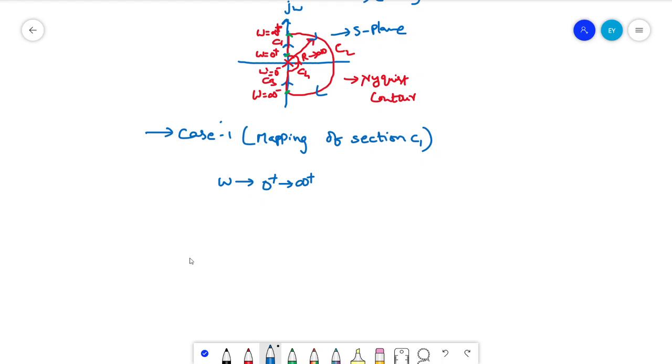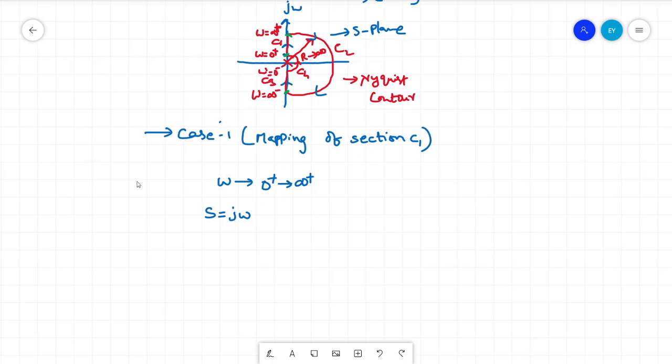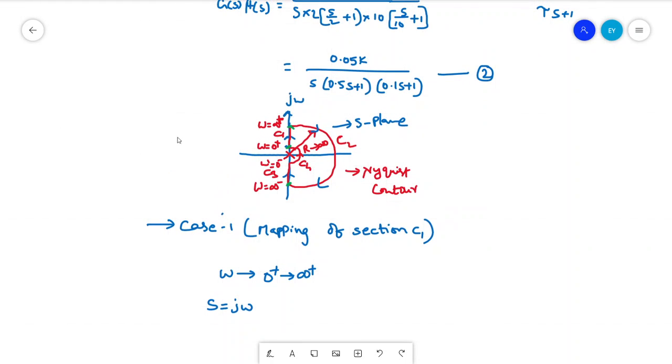So the locus is nothing but the polar plot of g of s into h of s. If you remember the polar plot, the first step is taking s equal to j omega. So substitute s equal to j omega in equation 2.